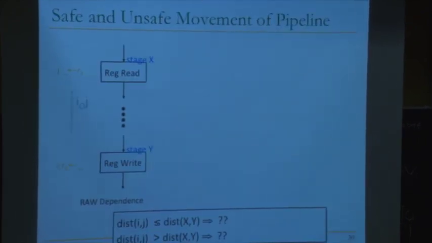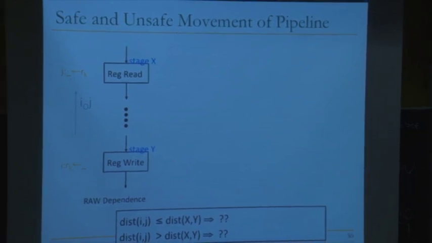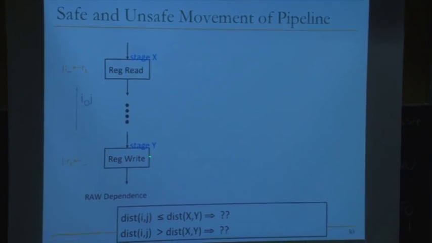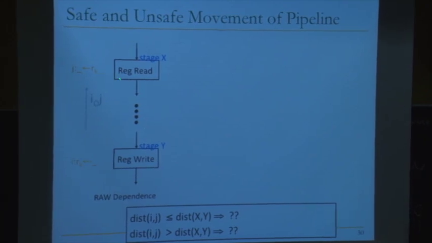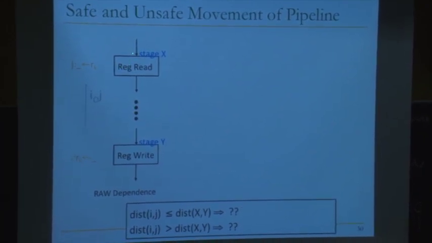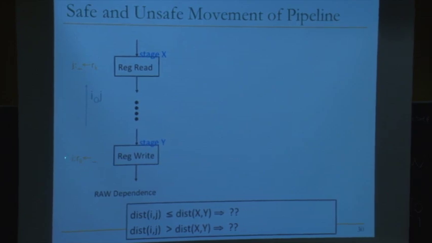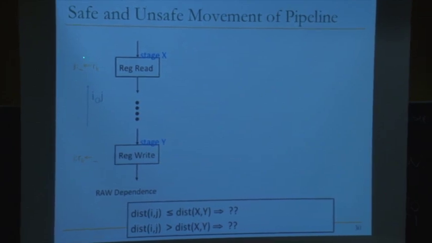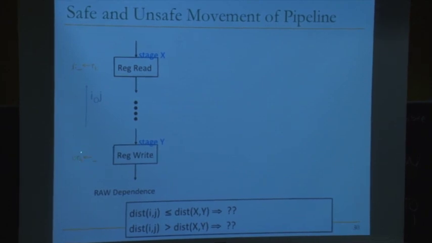So a little bit more theoretically, basically, when can you move the pipeline? When is it safe to move an instruction in the pipeline? Let's say this is the read after write dependence. This is the register write stage, and this is the register read stage. And we can call it stage X and stage Y. And this is the instruction I and instruction J. Instruction I is writing to a register, producing a register.